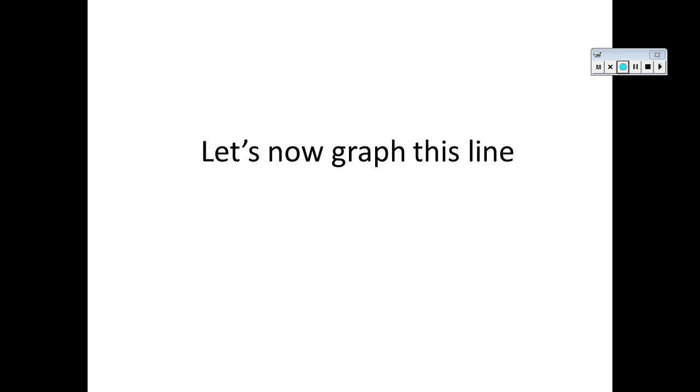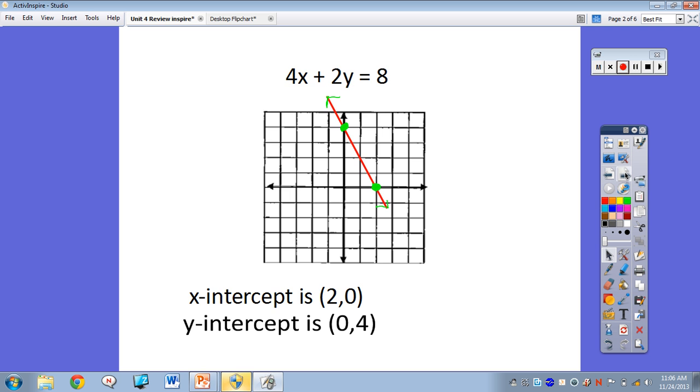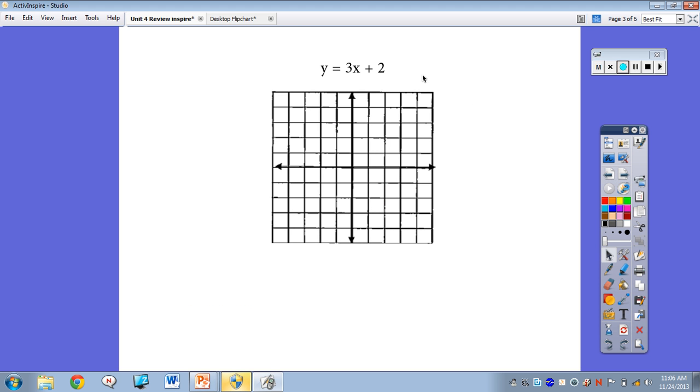So how do we graph this line? Let me go back. Here's my equation, y equals 3x plus 2. We already talked about how 2, this number right here, was my y-intercept. So I'm going to plot the point (0, 2), and then the 3 in front is my slope, the rise over run, so I'm going to put 3 over 1, meaning from this point I'm going to rise 3, 1, 2, 3, and run 1.